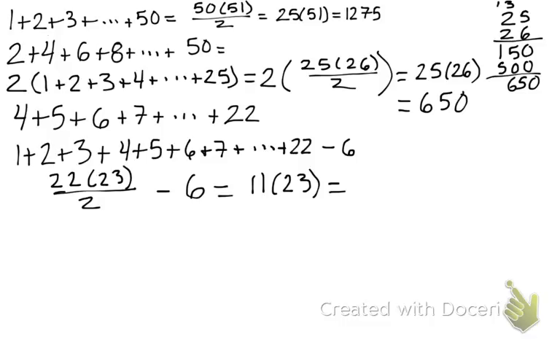Yeah, but when they get higher than 10, I'm a bit... Yeah. No, when they get higher than 12. 12 I can do in my head. 253. That's right. So we have 253 minus 6, and that will be 247.